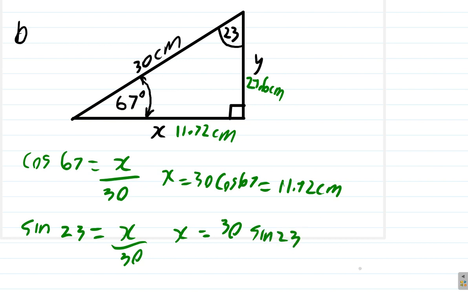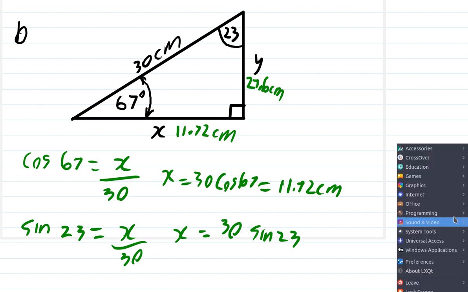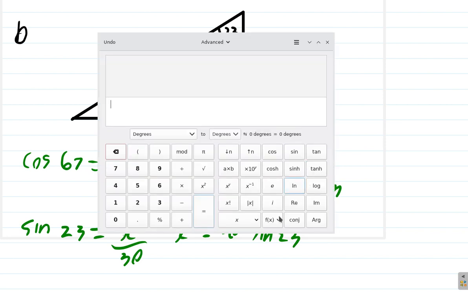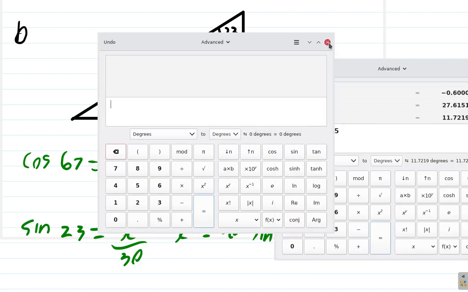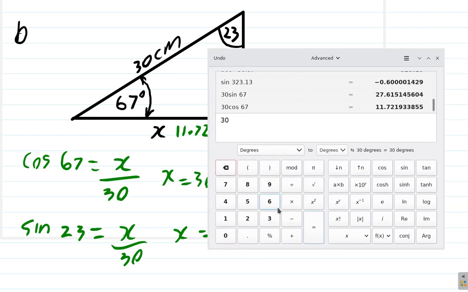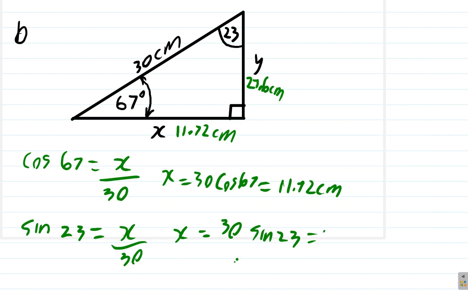We should get back the 11.72. If we get something else, then something is wrong. So 30 by sine 23 equals 11.72 again.